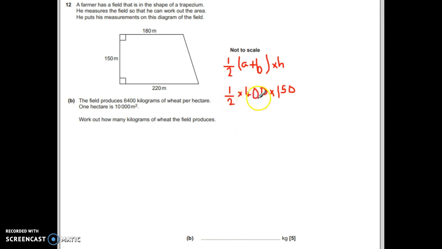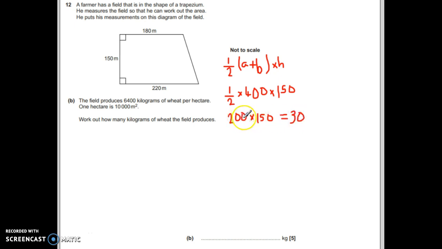So half of 400 is 200. So I've now got 200 times 150. Okay, they're still two big numbers, so I'm going to break it down again. So 2 times 15, I can do that. 2 times 15 is 30.